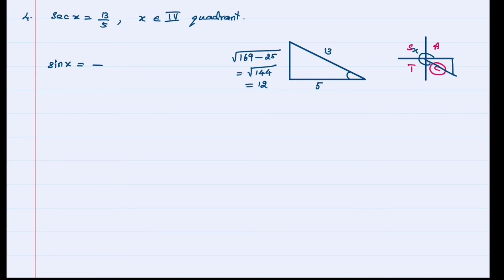So, negative 12 over 13, opposite side by hypotenuse, and cos x is positive and it is adjacent by the hypotenuse, and tan x is sin divided by cos, or tan is negative in the fourth quadrant and it is opposite side upon the adjacent side, and cosecant x is reciprocal of sine function, which is negative 13 over 12, and secant x is given. Cot x is reciprocal of tan, which is negative 5 over 12.